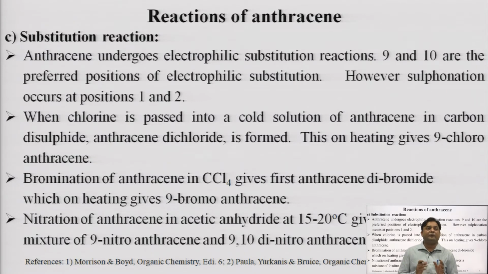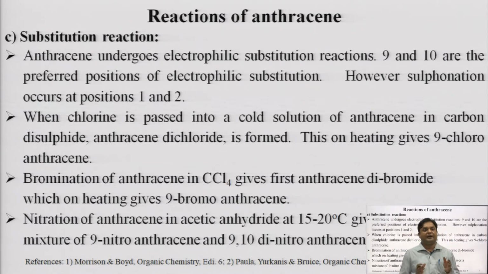When we are talking about halogenation, it can be done by chlorine as well as bromine. When chlorine is passed into a cold solution of anthracene in carbon disulfide, anthracene dichloride is formed. This on heating gives 9-chloroanthracene. Likewise, bromination can occur, but in carbon tetrachloride medium.